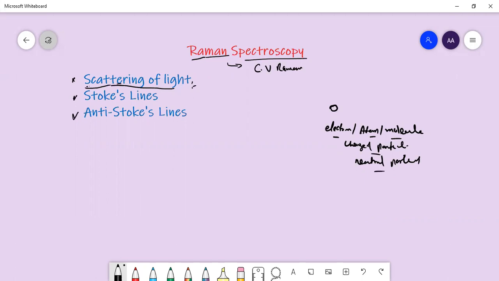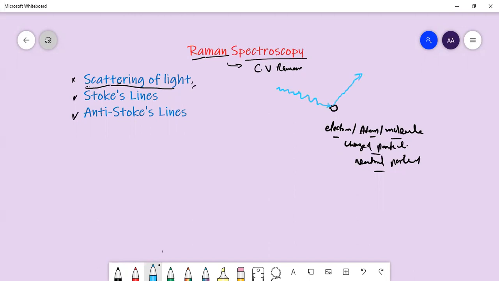Because when your electromagnetic radiation interacts with such kinds of particles, different kinds of effects can be observed depending upon the nature of the particles, what kind of particles these are with which the electromagnetic radiations are interacting. When a light ray or electromagnetic radiation interacts with the particles, the light can be scattered or reflected from these particles.